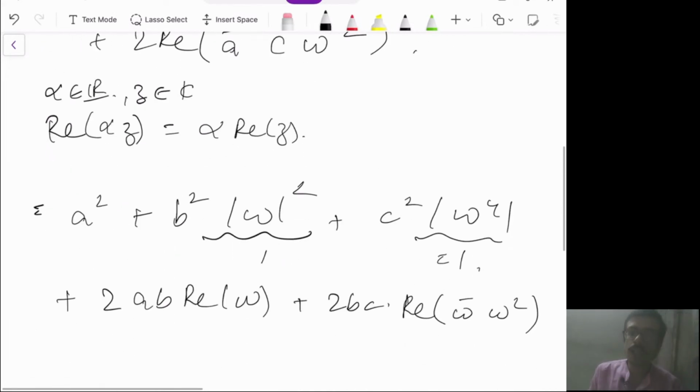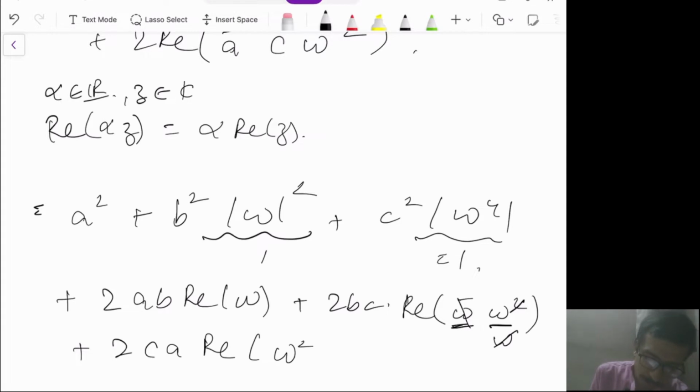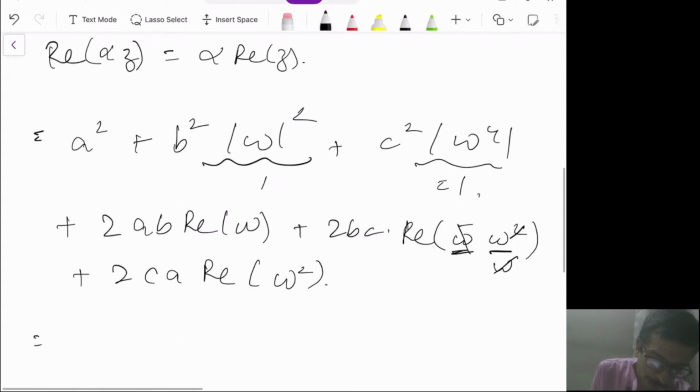And omega conjugate is going to be 1 over omega, right? Because omega is of unit magnitude, so omega conjugate is going to be mod omega squared over omega, which is 1 over omega. Then I have plus twice ca times the real part of omega square. So overall I am going to get a squared plus b squared plus c squared plus 2ab.